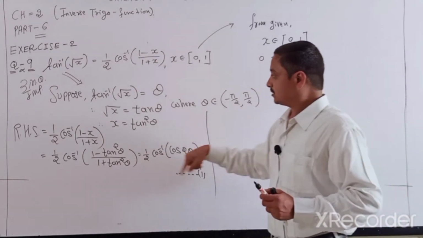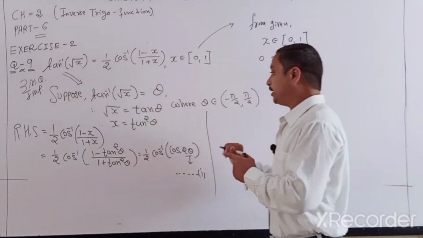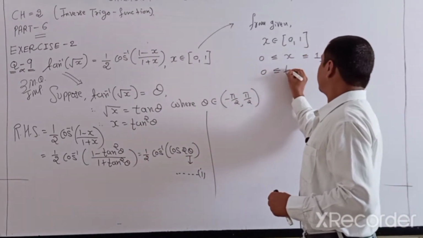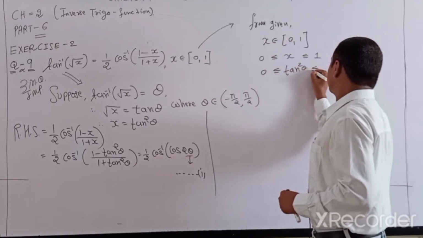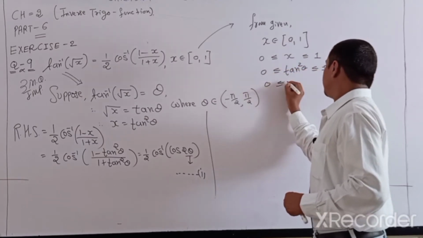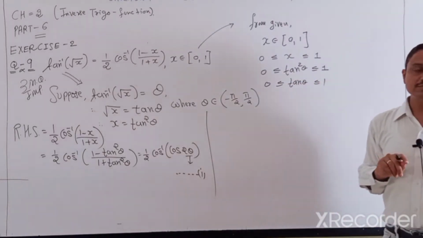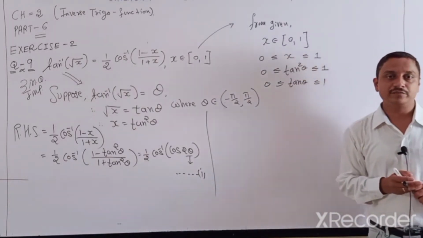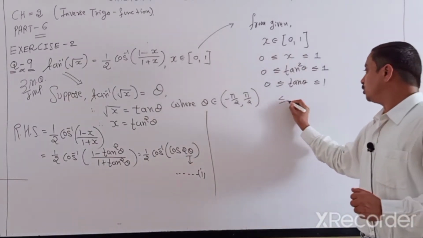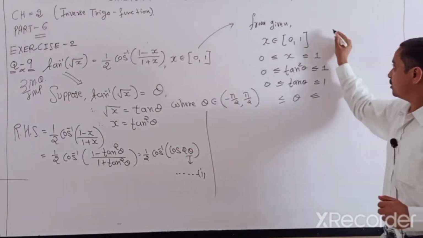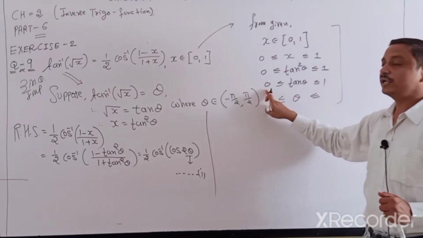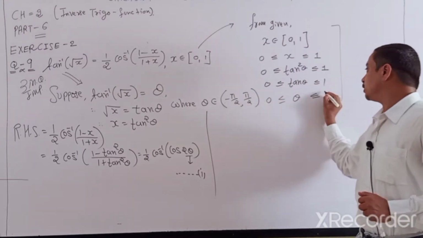This x, put it there according to the data: 0 less than or equal to tan square theta less than or equal to 1, taking square root, tan theta between 0 to 1. Now students, find out the degree at which tan is 1 and 0. Yes, 0 and 45.